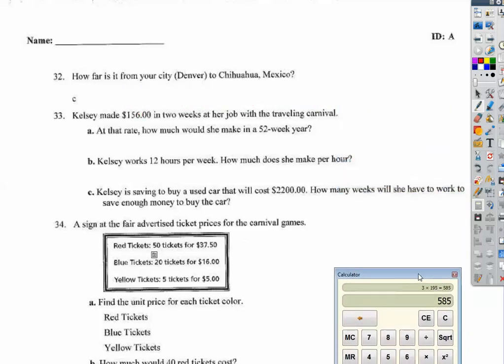So, Kelsey made $156 in 2 weeks at her job in the traveling carnival. I hope she had fun. It's not much money. At that rate, how much would she make in a 52-week year? Here's the thing. There's something we need to know before we can move on. We know she makes $156 in 2 weeks.